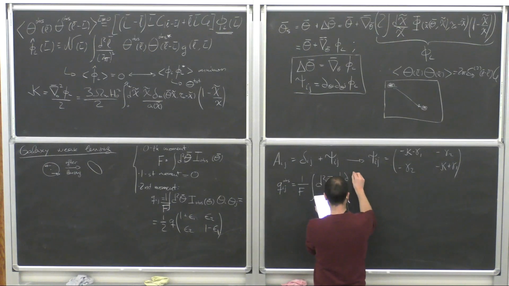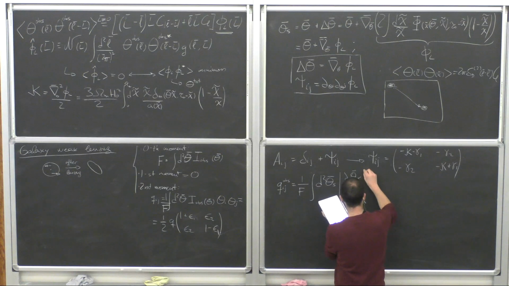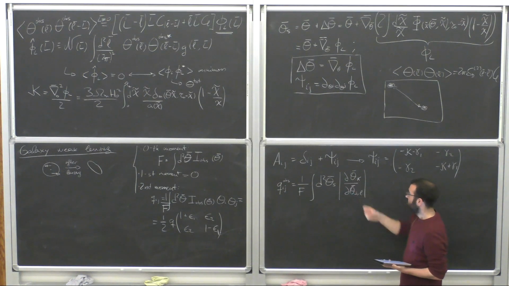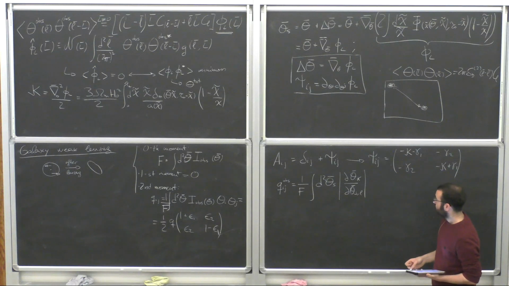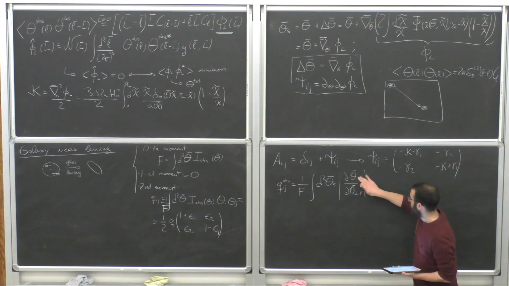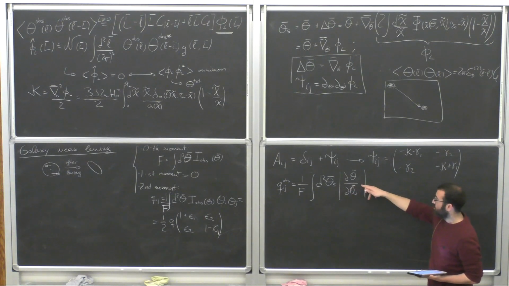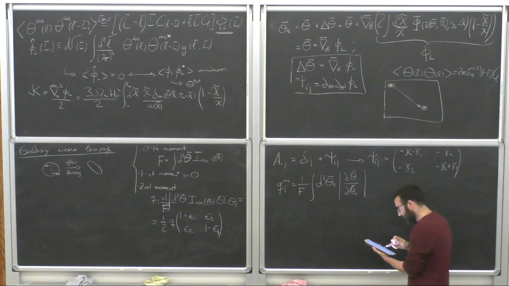So this is going to be the Jacobian changing from the unperturbed angle to the observed angle, the one that has been already deflected.